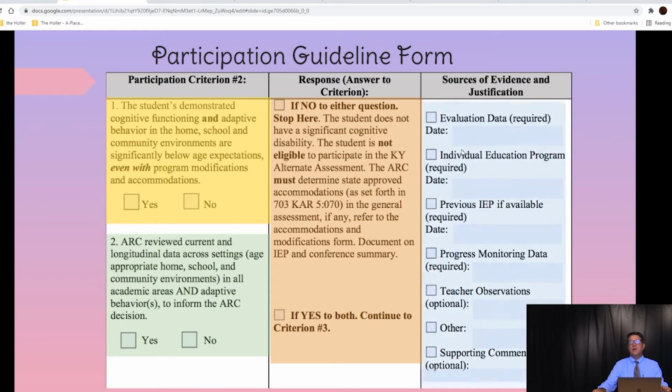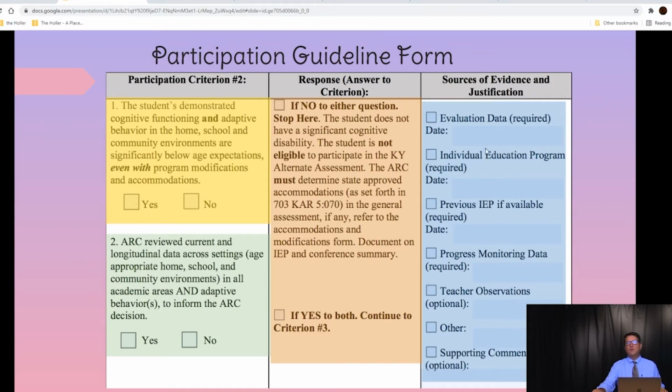So we see here, as we move over, the evaluation data is required, the IEP is required, the date's required, the previous IEP is required, so we can get that longitudinal data in there. Progress monitoring data is required, and teacher observations are required. Are optional, and then supporting comments are optional.